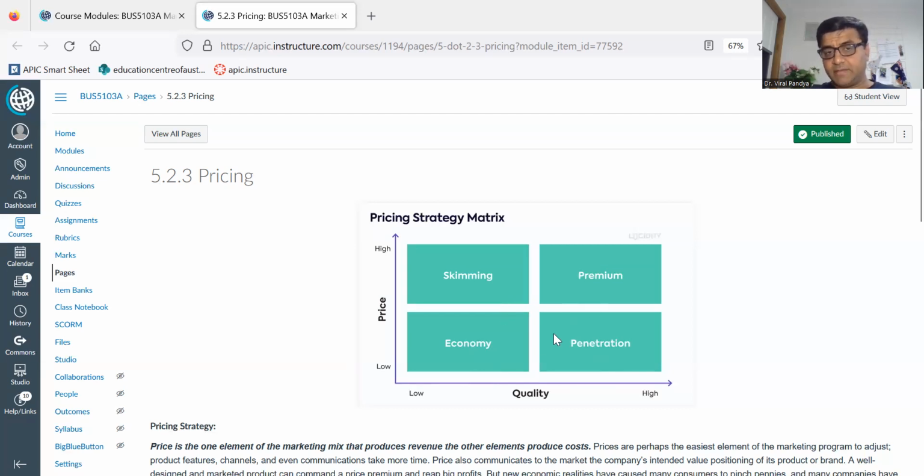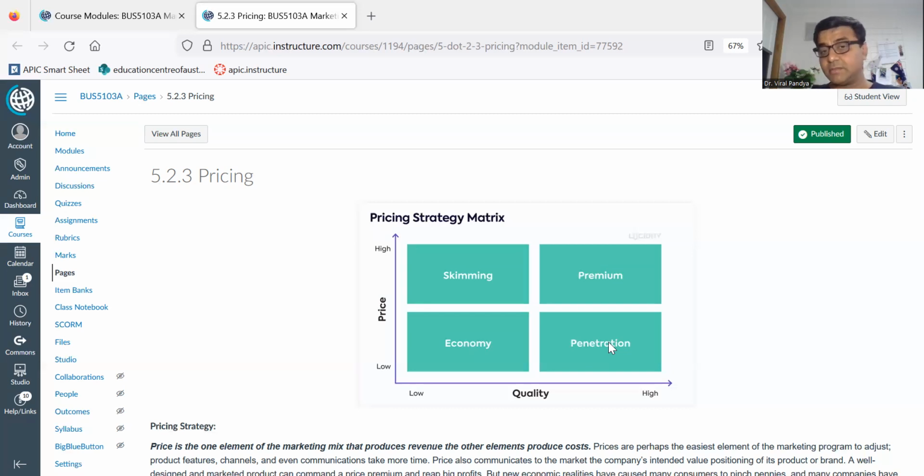The third type of pricing strategy is market penetration strategy, where you sell a high quality product for a low price. The definite objective of this policy is to convince customers to try the product, which gives very high quality at a relatively low price.